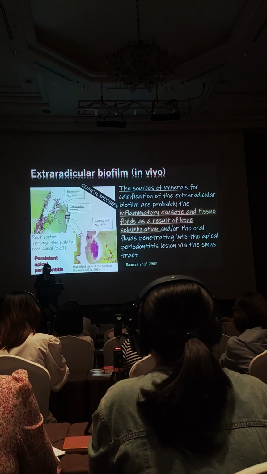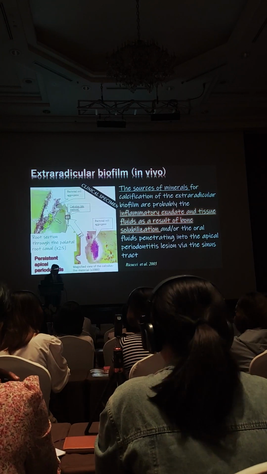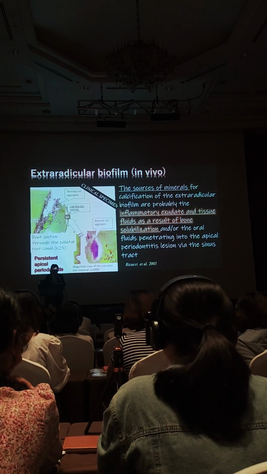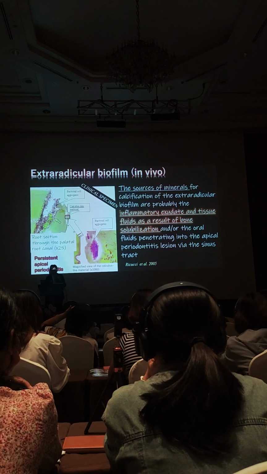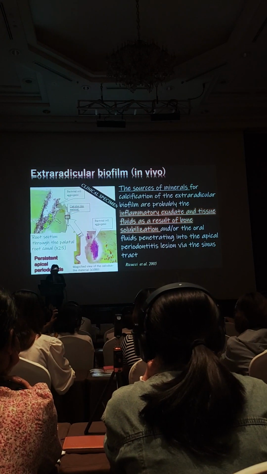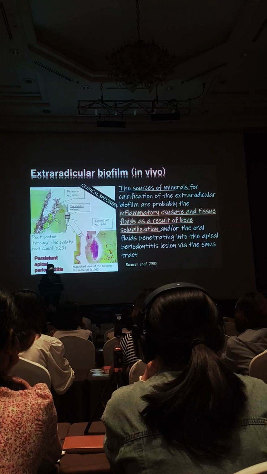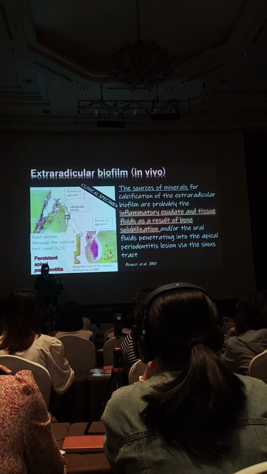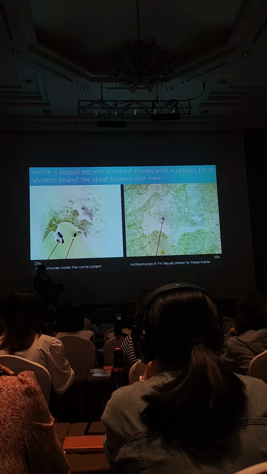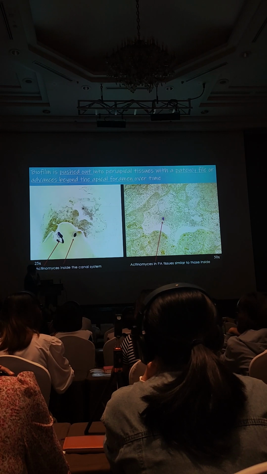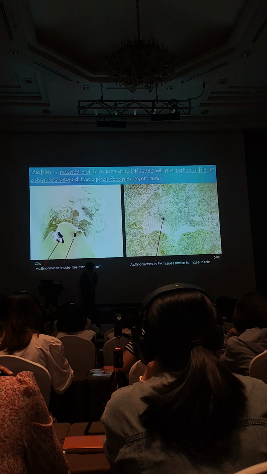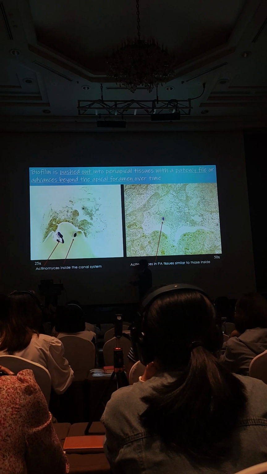And if you don't use irrigation well, it's easy for you to extrude biofilms or whatever you have inside the root canal into the periapical tissues. So if you have Actinomyces inside the root canal, and you bring your file into the periapical tissues, you will end up pushing Actinomyces into the periapical tissues.